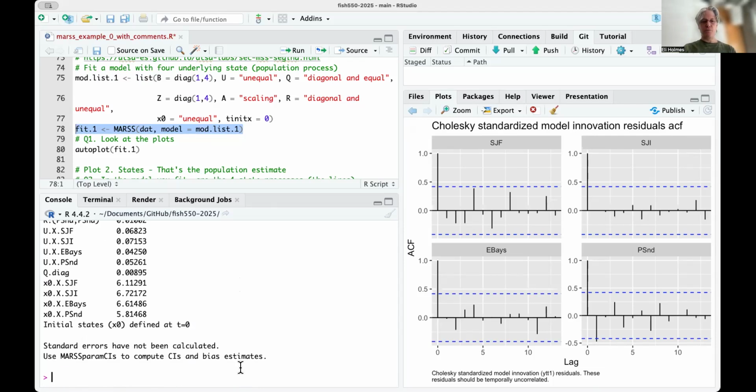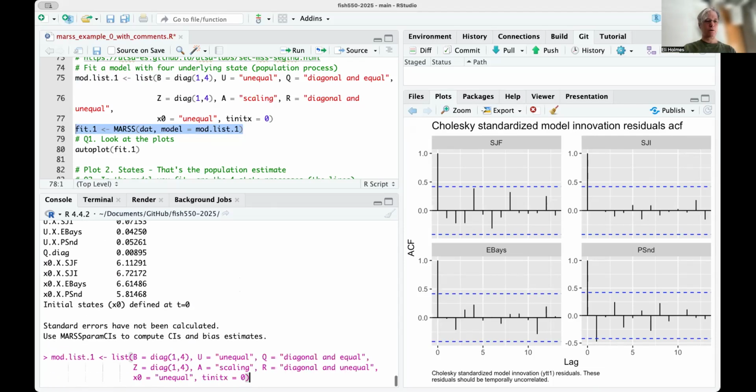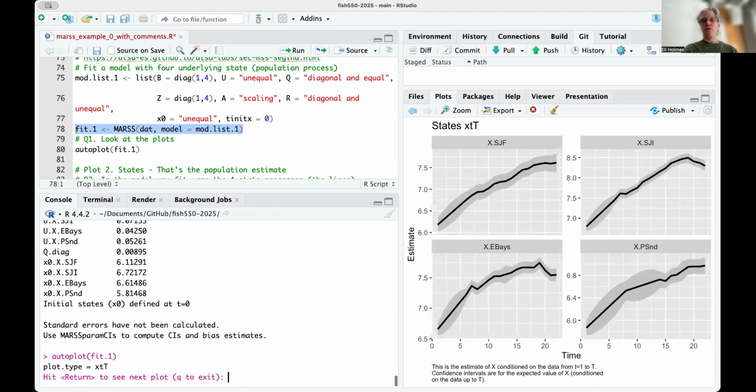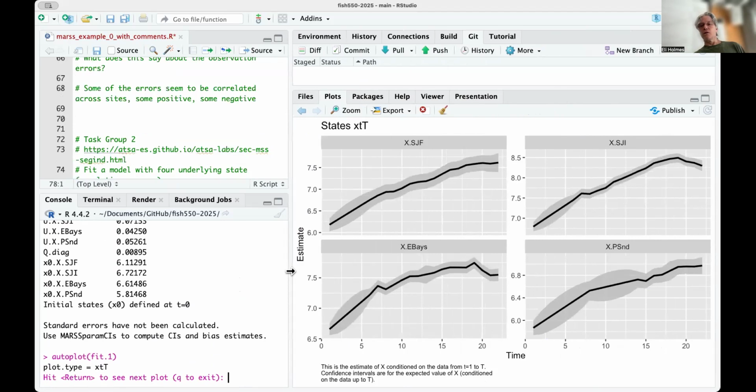If I plot that, autoplot fit 1. Now, it's a little hard to see because the scales are different on the y-axis, but these two are going up a little faster than these two.